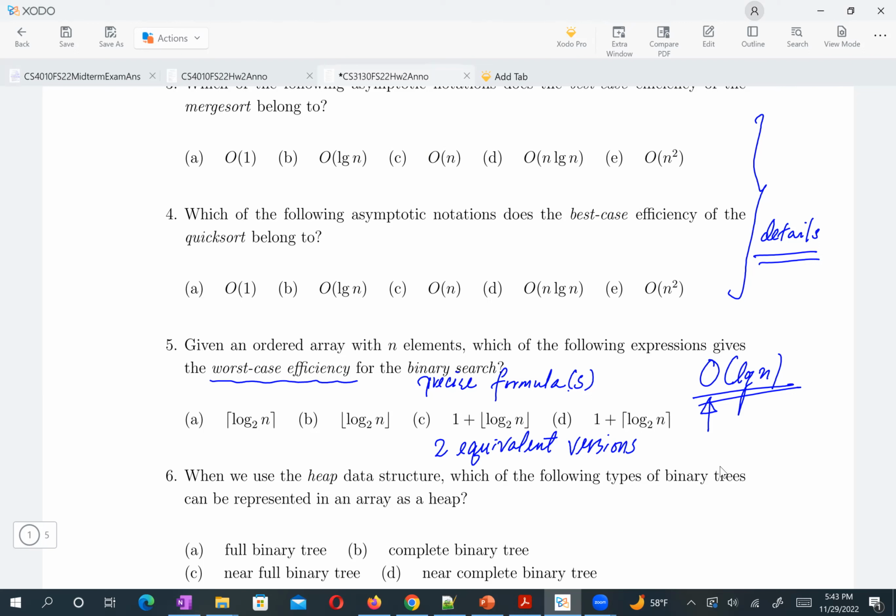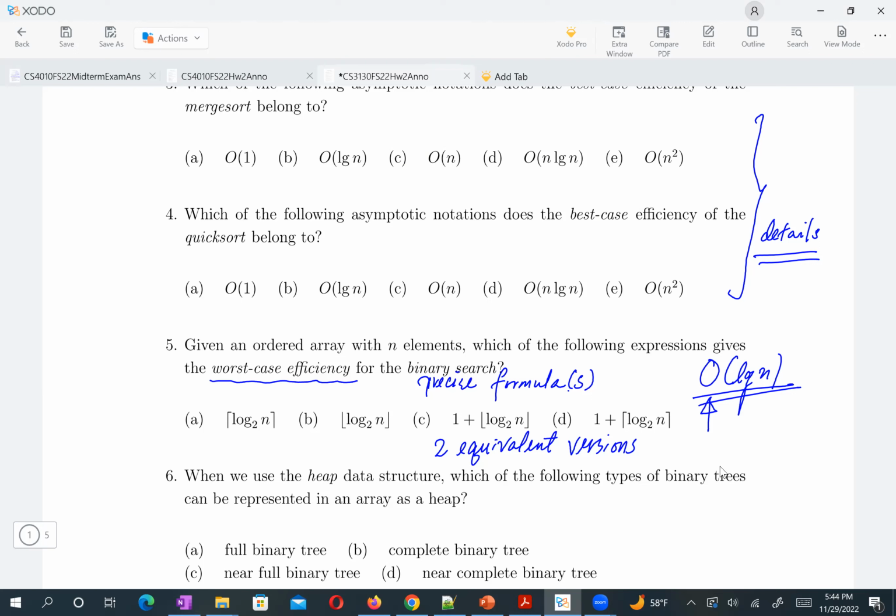I didn't put both, because in my multiple choice questions, I only want to give you one correct answer. I don't want to confuse you. So the two correct formulas, I only put one of them here.